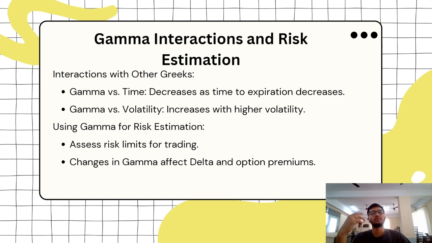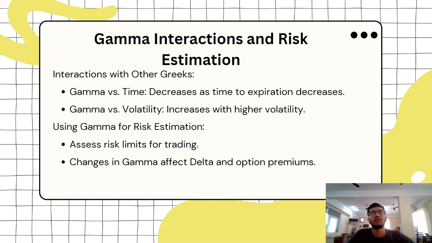So gamma versus time: gamma decreases as time to expiration decreases. As you move towards the expiry, the gamma of a contract will decrease. And what about gamma and volatility? It increases with higher volatility.